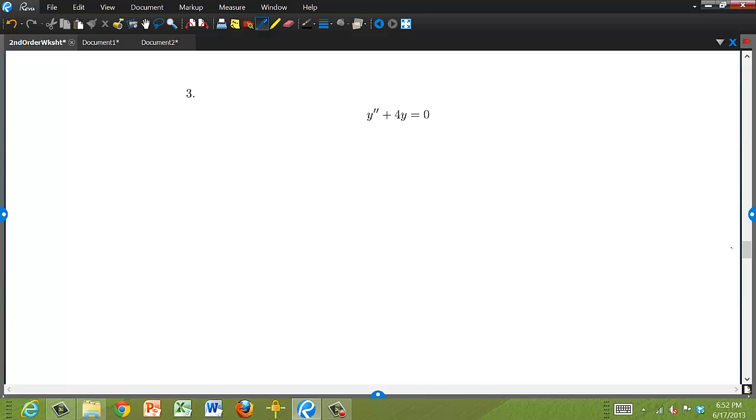Let's try again. Our characteristic equation will be r squared plus 4 equals 0. Of course, you could just move the 4 to the other side and solve, but let's go ahead and say this will be r equals negative b, so 0 plus or minus the square root of 0 squared minus 4ac, so minus 16, all over 2a.